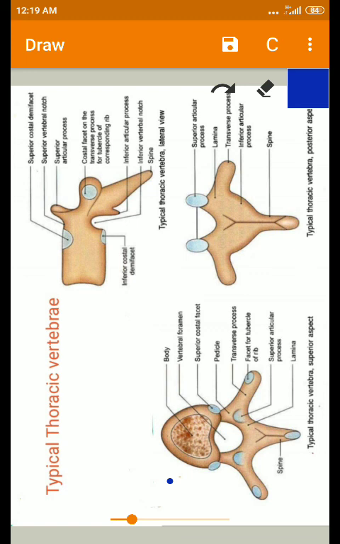It also gives attachment to the intertransverse muscles at the upper borders.